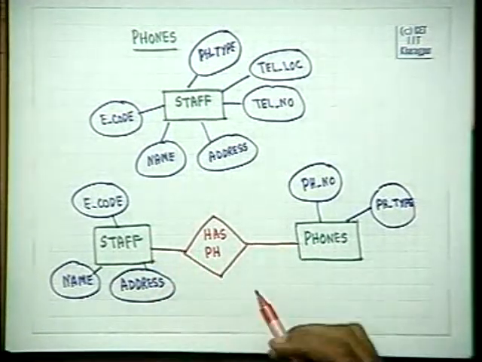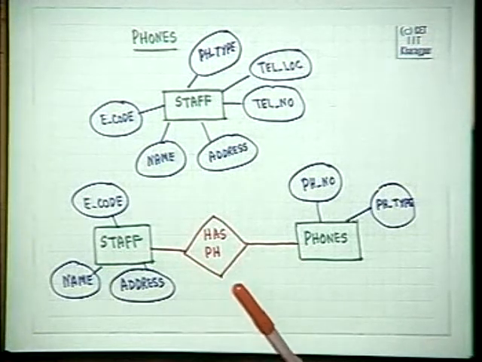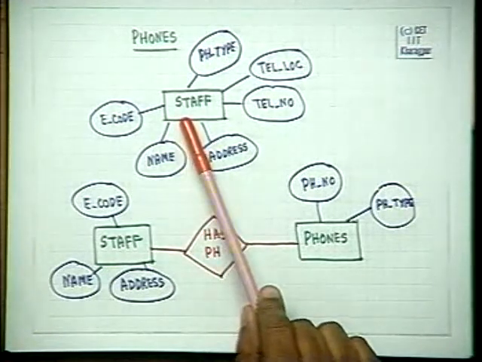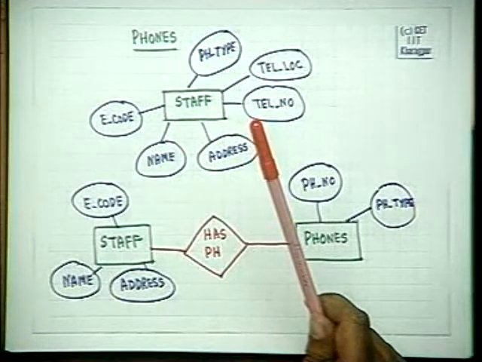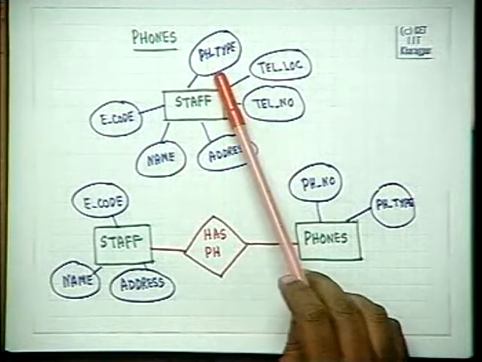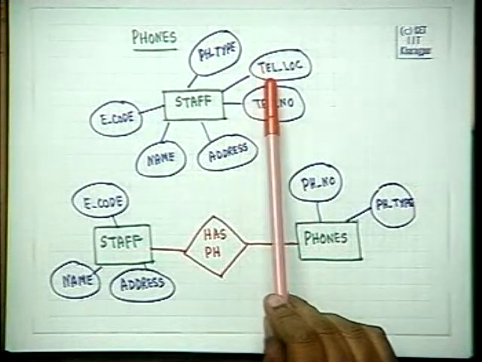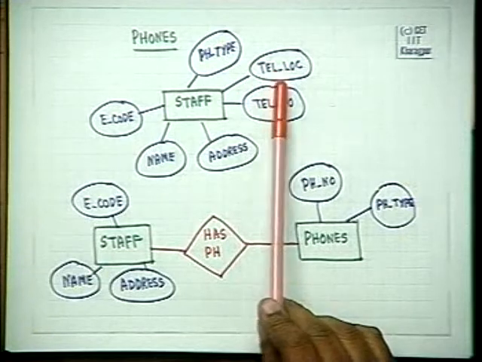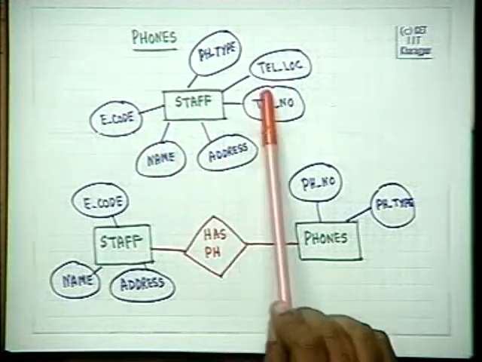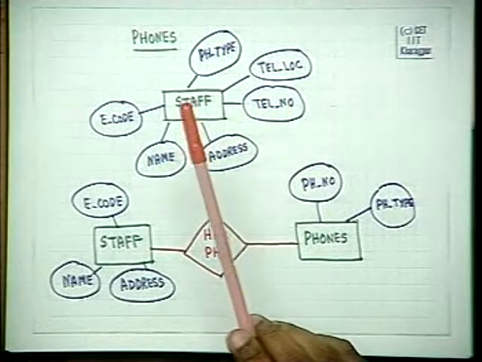The choice between these two will be decided by a particular fact. If every staff member has a phone, then this is okay. It is okay if every staff member has a phone and every phone has got an association with a staff member.